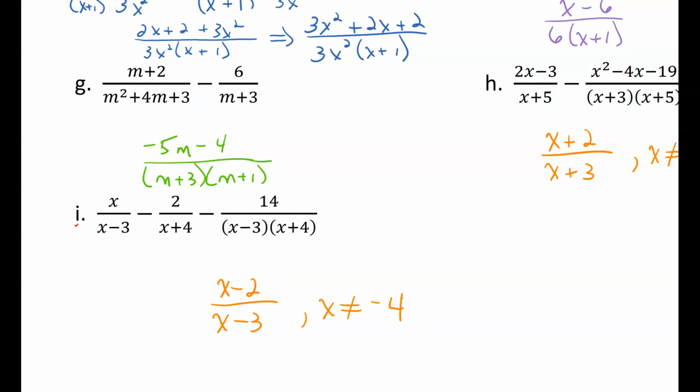Any questions on any of those? Okay. Are there a lot of places to make mistakes here? Yes. Okay. So number 1 is make sure you factor your denominators, because if you don't, you end up introducing too many terms, and the more terms you have, the more likely you are to make a mistake, just an arithmetic mistake.